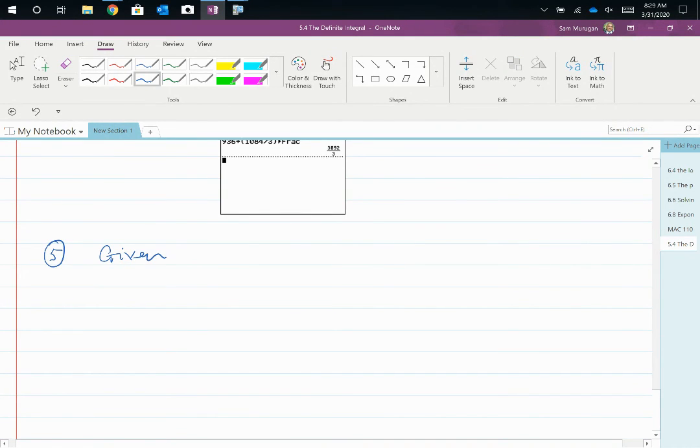Given the integral from 7 to 4 of x squared dx is equal to 93, the integral from 8 to 7 of x squared dx is equal to 169 over 3, and the integral from 7 to 4 of x dx is equal to 33 over 3.